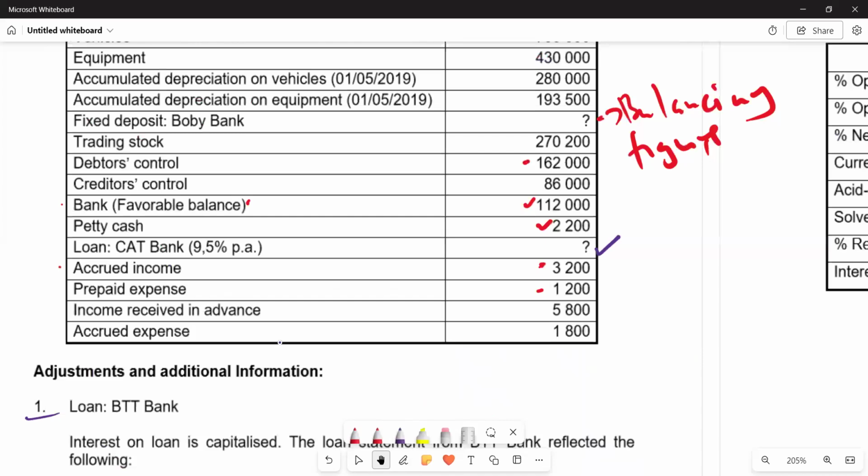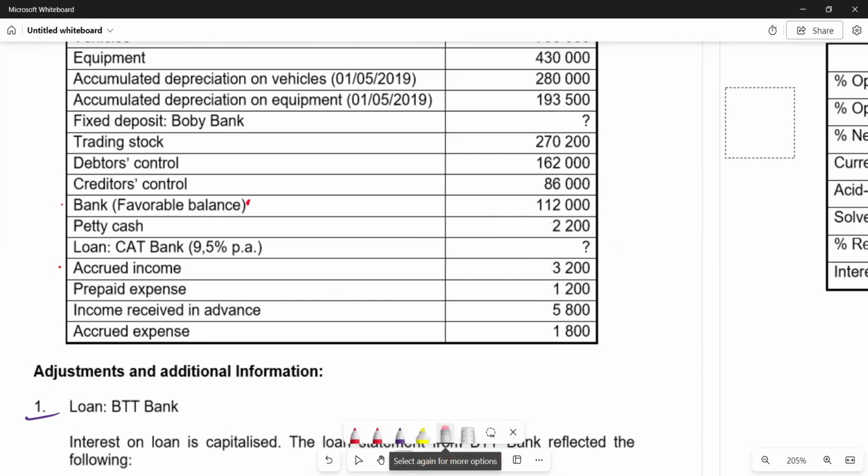Creditors control, we see that we have it there, which is 86,000. And then we check for other payables, which is accrued expenses, at the bottom, 1,800. And then income in advance or prepayments, which is 5,800. So we're going to add the three: 86,000 plus 5,800 plus 1,800. So I will just go ahead and adjust as such.